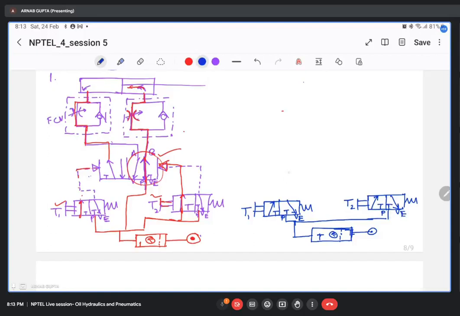Next, from here you have to give two pilot signals into a 5 by 2 DCV. So why 5? Because there are 5 ports. One port is for this particular pilot signal, and 4 ports: one pressure port, 2 exhaust ports counted as a single exhaust port, and A and B. So total 5 ports.